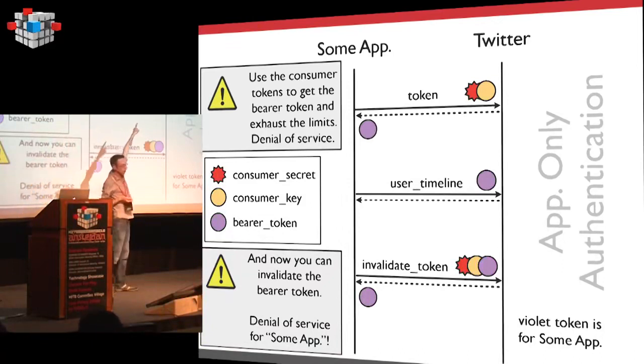But worse, you can also invalidate the token. And imagine an application which would ship with the bearer token inside. If you invalidate the token, then all the instances of the application will stop working. I don't think it's such a good design.